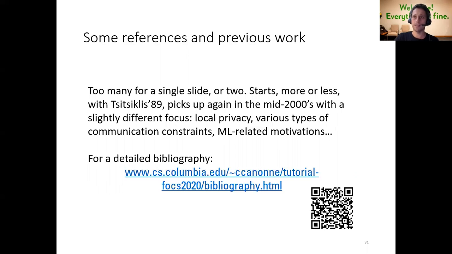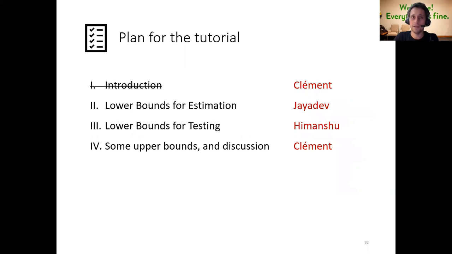So that being said, let me just briefly announce the rest of the tutorial. So this was the introduction. This is done. The second part will be by Jayadev Acharya on lower bounds for estimation, where we'll give 3 different general techniques and frameworks to prove lower bounds for distributed constrained estimation.